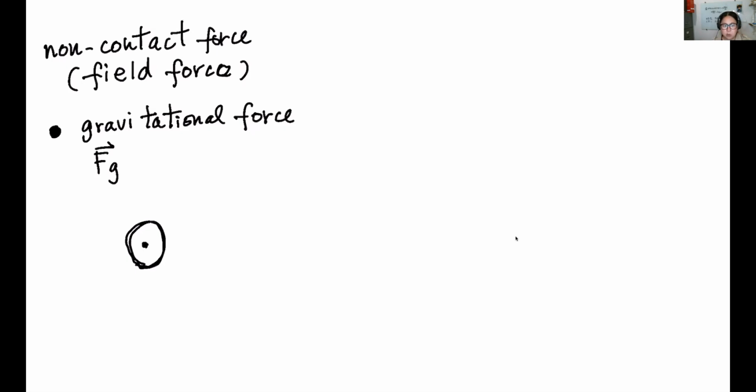So the bigger the mass, the bigger the gravitational force. That's the magnitude. But the direction of a gravitational force is always vertically downward.